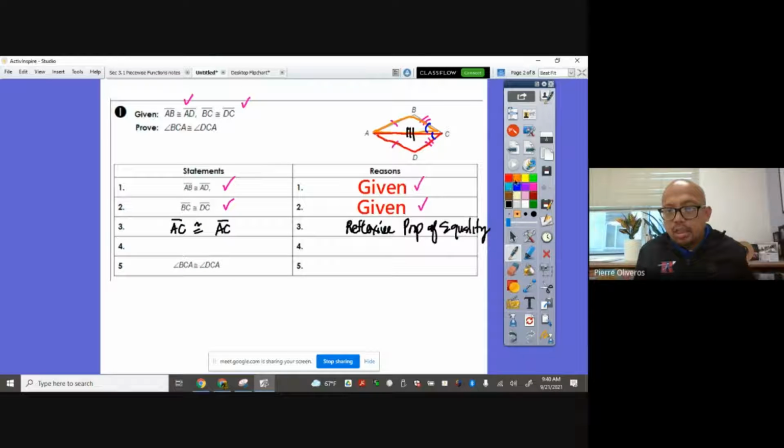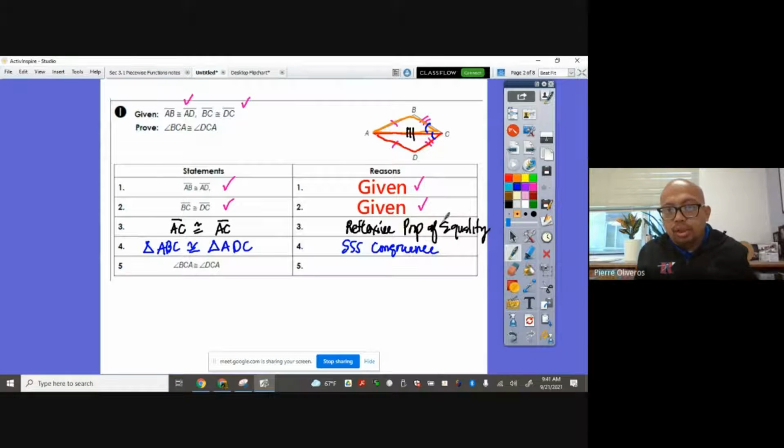So now, is this enough for us to say the two triangles are congruent? Yes. What's the congruent statement that matches ABC? It's going to be ADC. Triangle ABC and triangle ADC are congruent using side-side-side congruency.